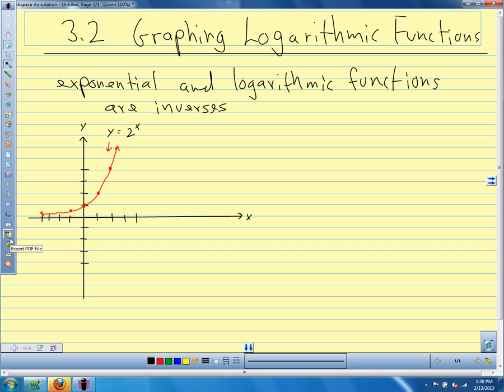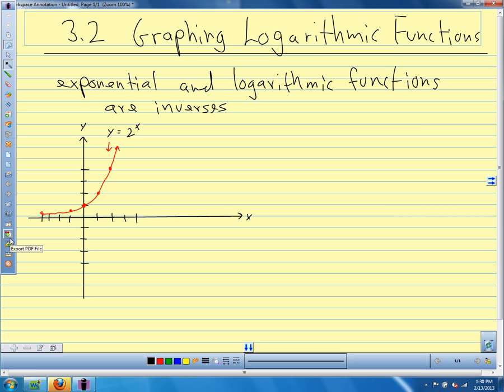There's a line of symmetry. Anybody remember what the line of symmetry between the graph of a function and its inverse is? No? They're going to reflect over the line y equals x. So a function and its inverse reflect over the line y equals x. So I think that's what you were getting at, Parker, is that it's kind of go the other way.